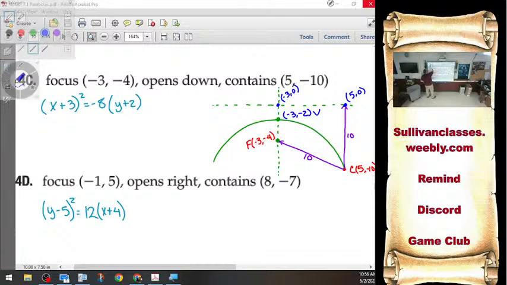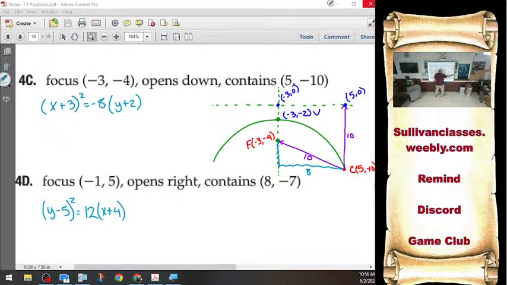When I say recognize the Pythagorean triple, y'all, if I just make a triangle out of this, from 5 back to -3 is 8. From -10 to -4 is 6. 6 over 8 reduces to 3 over 4.